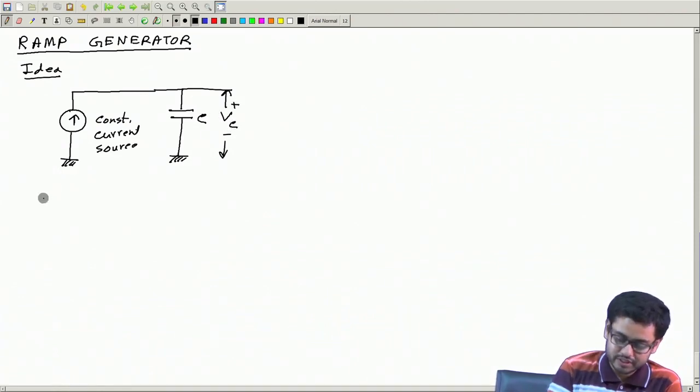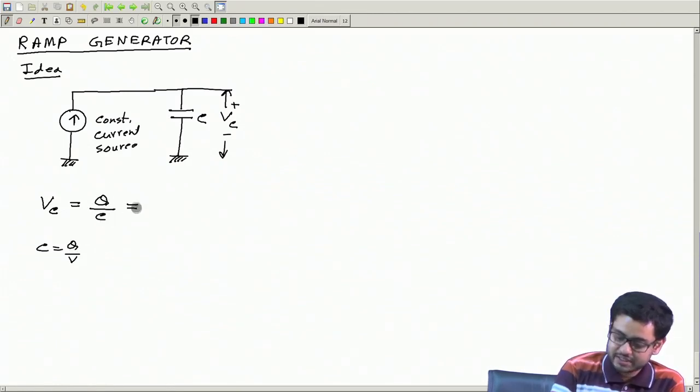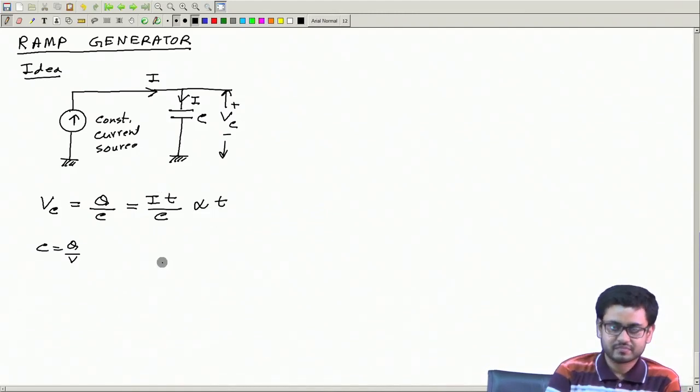Why? Because the voltage V C is given by C equal to Q by V. So voltage is given as total charge divided by the capacitance, and the charge is given by this current I multiplied by t, divided by C. So this is proportional to time, because I is a constant, C is a constant.